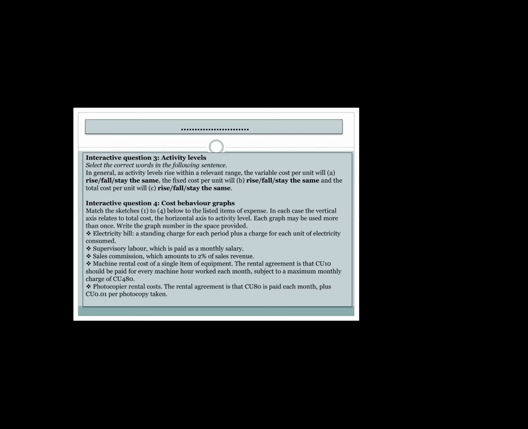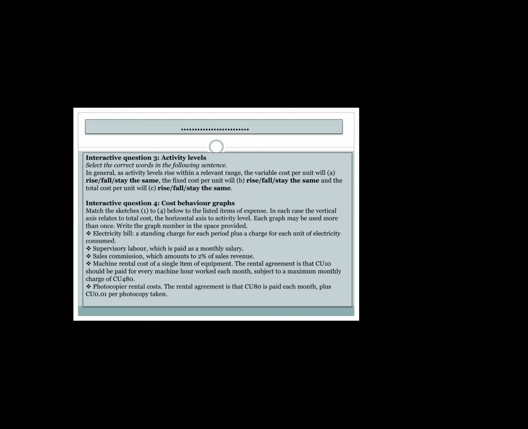So in the relevant range, if the level of activity is raised, the variable cost per unit will stay the same. Relevant range is related to fixed cost.